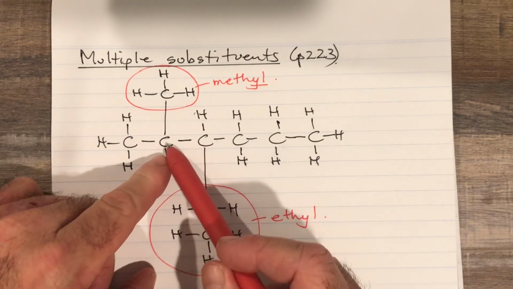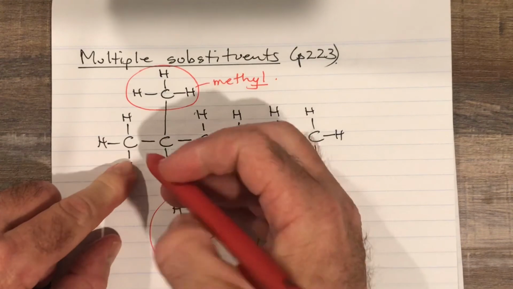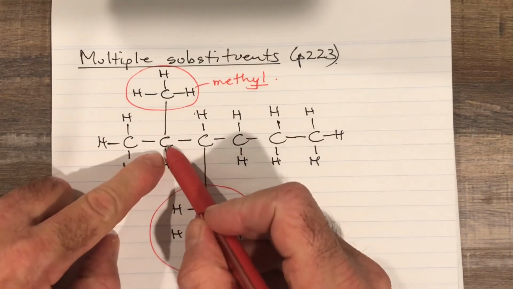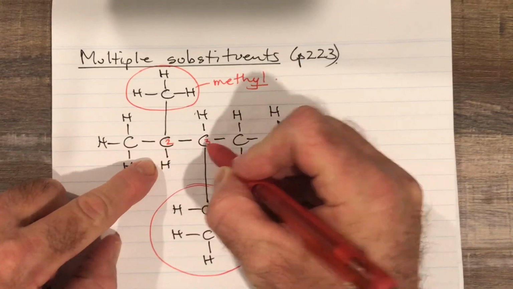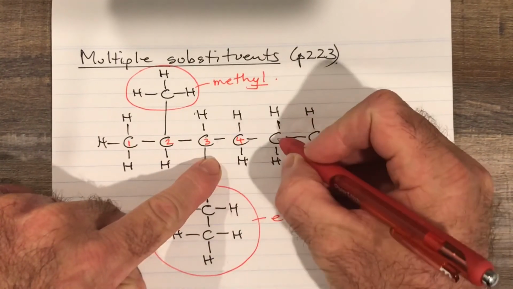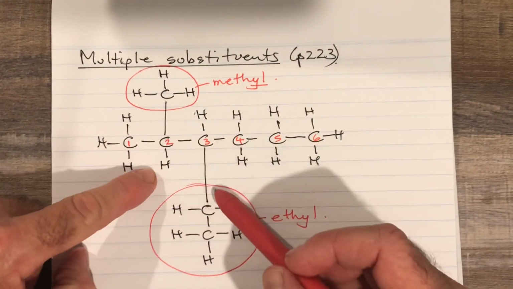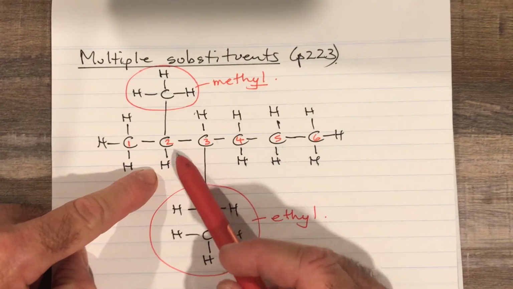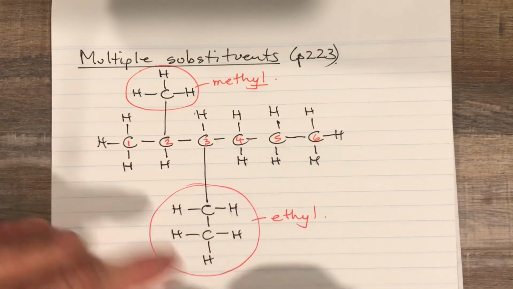That'd be number 5 carbon. But if we number from left to right, the correct way, that would be the second, that would be the third. We'll number them this way, putting the number inside the carbon. 4, 5, 6. So this is the correct way. You number according to what gives the substituents the lowest number.